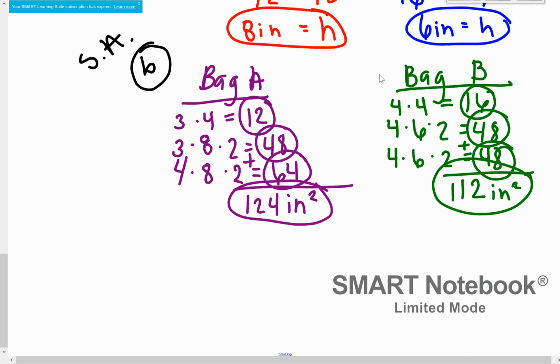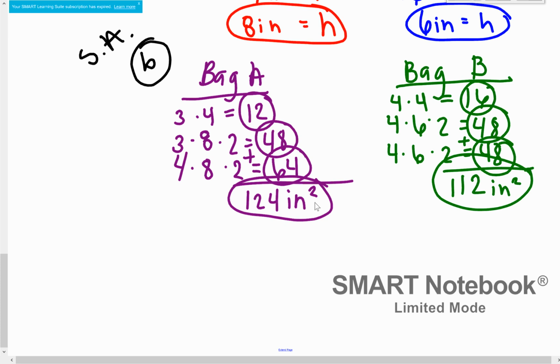So when we're comparing these two surface areas, bag A was 124, bag B 112.